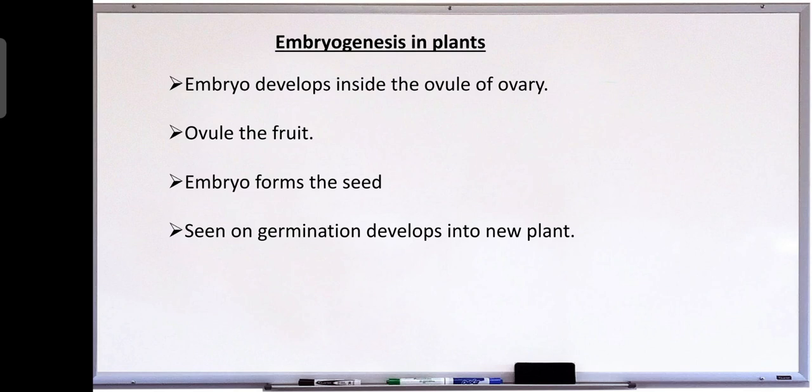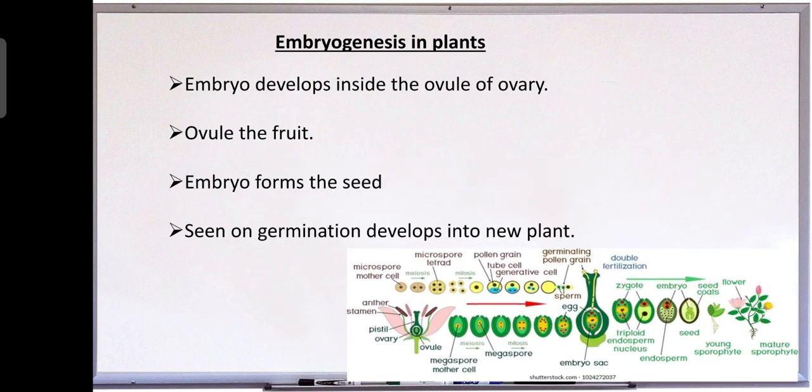Okay, I will say it once more. In the flowering plant, the embryo is formed inside the ovules of the ovary. The embryo forms a seed, which on germination develops into a new plant, and the ovary develops into the fruit.